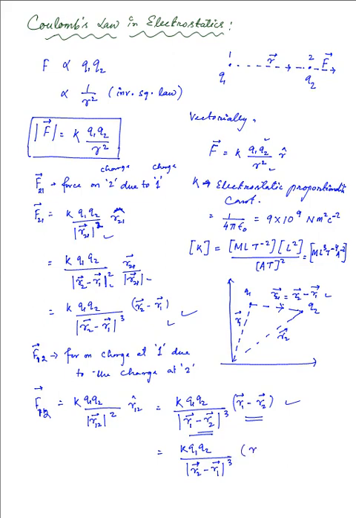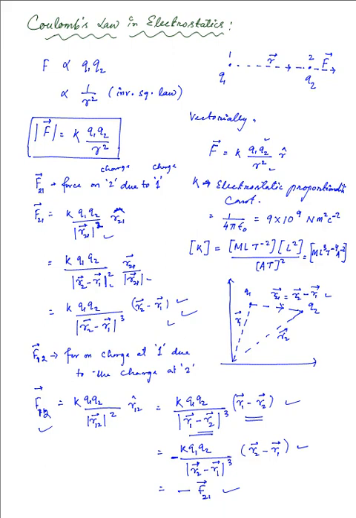But changing the sign over here would result in something different. This thing will become negative, and if you observe, this entire expression is exactly equal to this expression, and so this is the negative of F21. So F12 is actually the negative of F21, and that is exactly the case of an action and reaction force. If one of them is the action, the other one is the reaction force that the other charge is applying on the former.